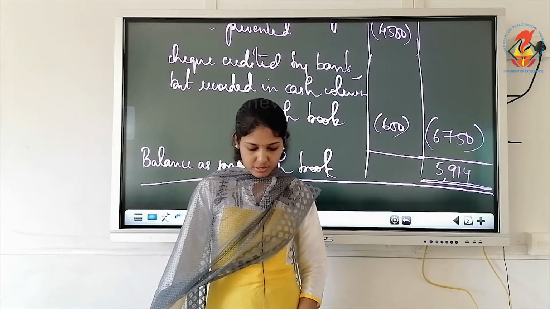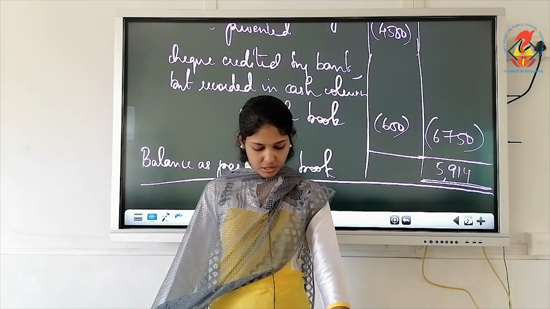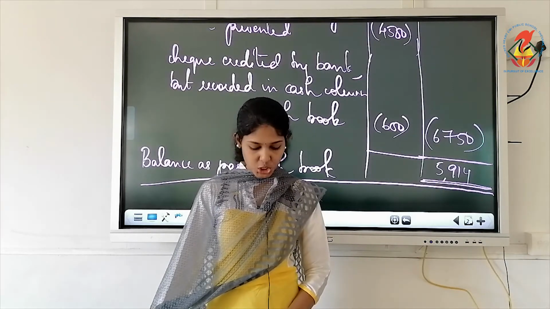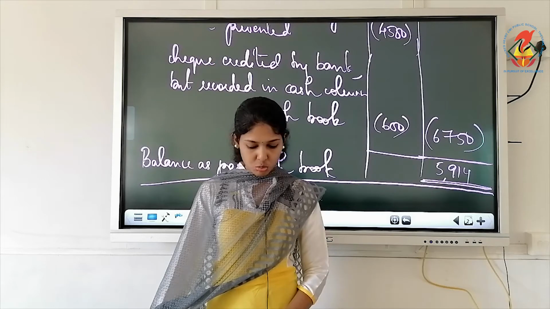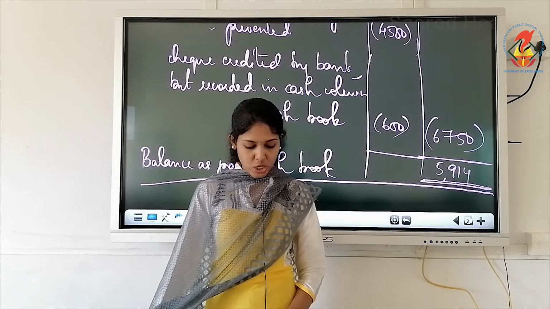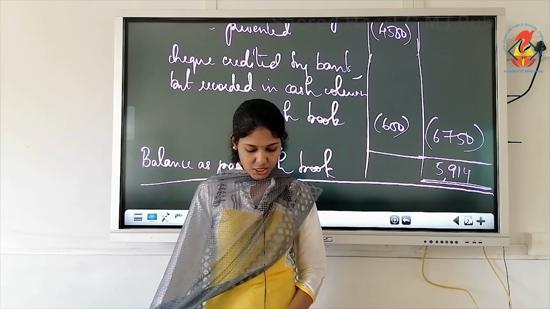We'll do the very next question, that is illustration number 9. Prepare bank reconciliation statement of Sri Krishan as on 31st March 2019. Balance as per passbook, we are starting with that. Then next item, bank collected a check of 500 on behalf of Sri Krishan.